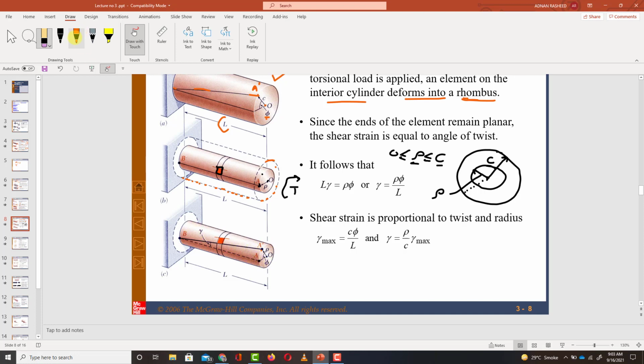Again, you see that this arc AA dash is common in the triangle.